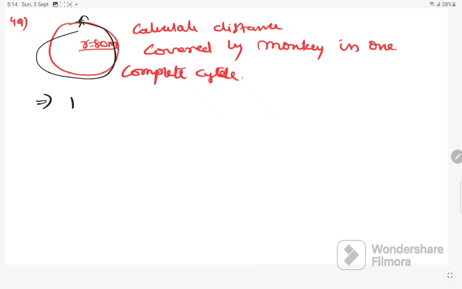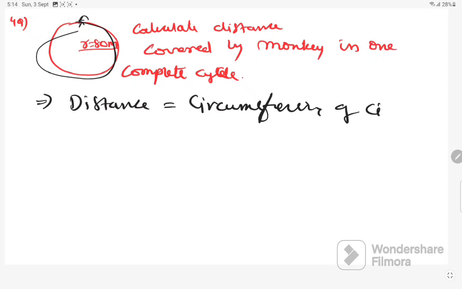So what it is doing is actually traveling through the circumference. So distance is nothing but the circumference of the circle, right? What is the circumference formula? 2 pi r, isn't it? Clear? Circumference is 2 pi r here.